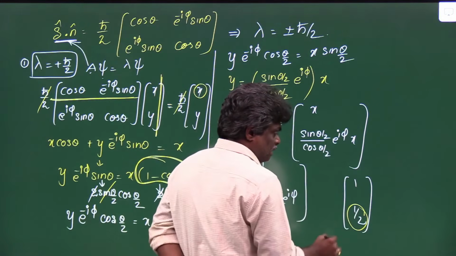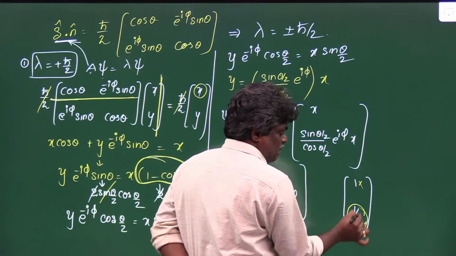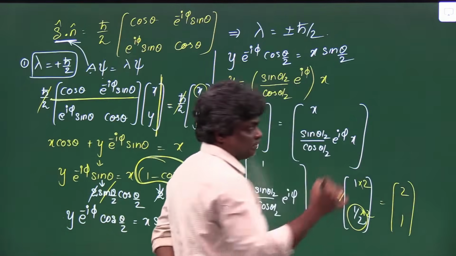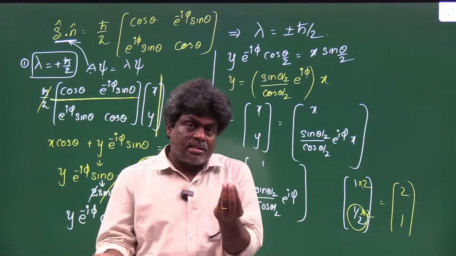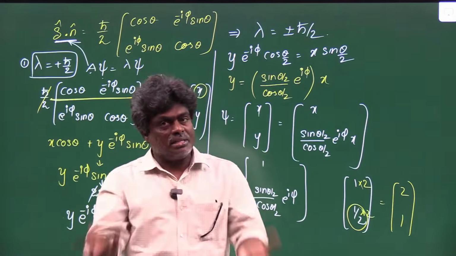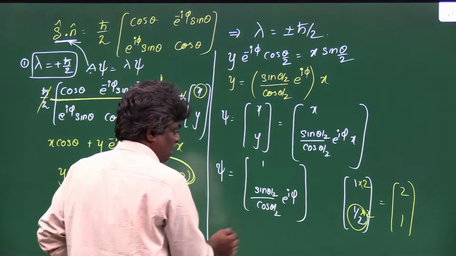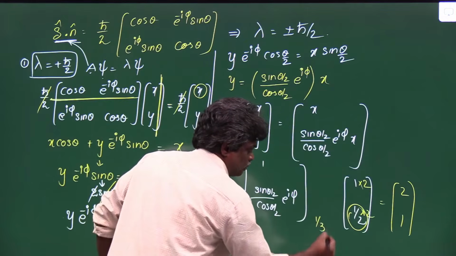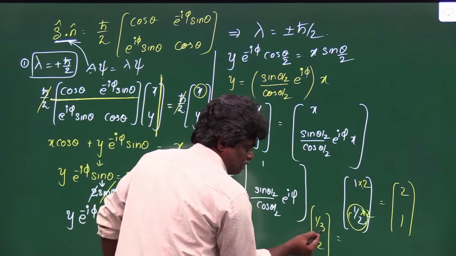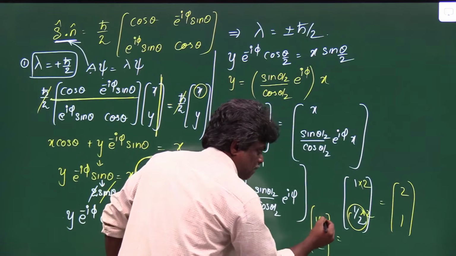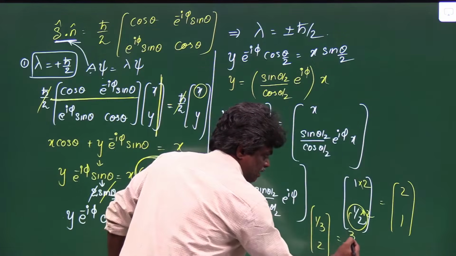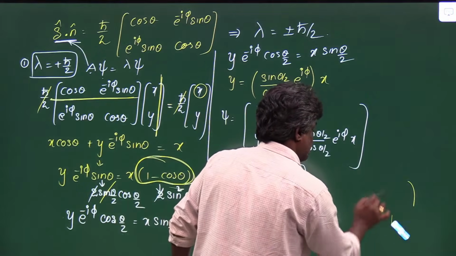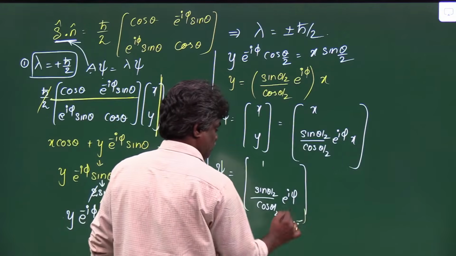Whenever you have a fraction, you multiply; here the denominator is 2, so it becomes 2, 1. Because if any eigenvector is multiplied with any integer, it is again an eigenvector. That's why we make it free from fractions. One more example: if you have 1 by 3, 2, we should not keep it as it is. We have to remove this 3, so you multiply 3 here and 3 here. Tan theta is also a fraction, that's why we are not taking that.